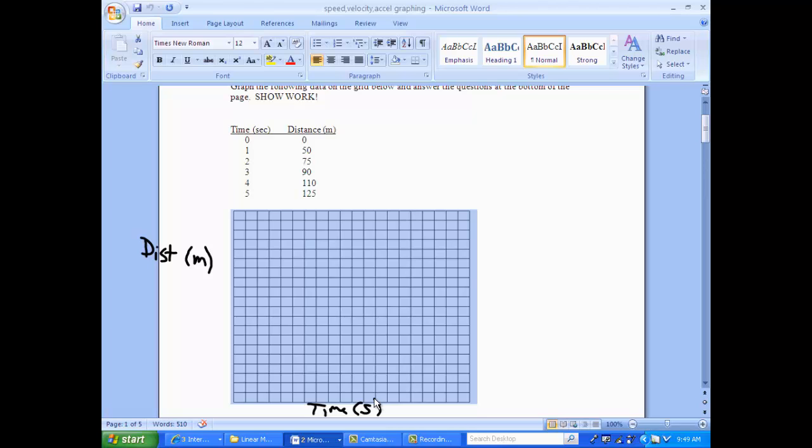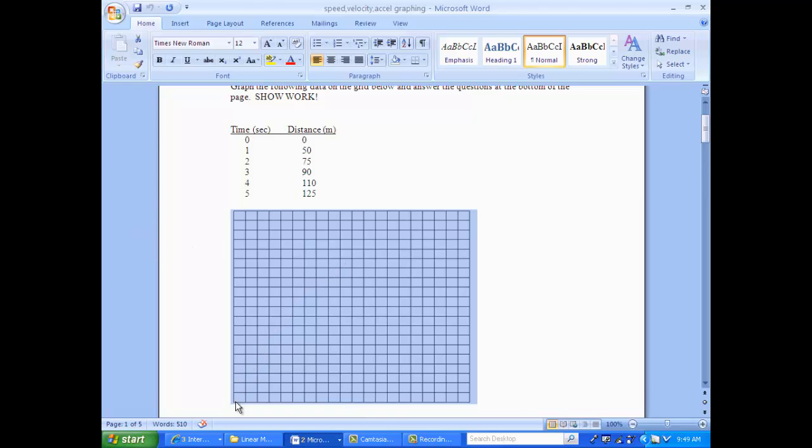I'm not going to plot these points exactly, but your trend line should look something like that. Okay? Now, ultimately, what it wanted you to do was to figure out average speeds or average velocities at different times in this travel.